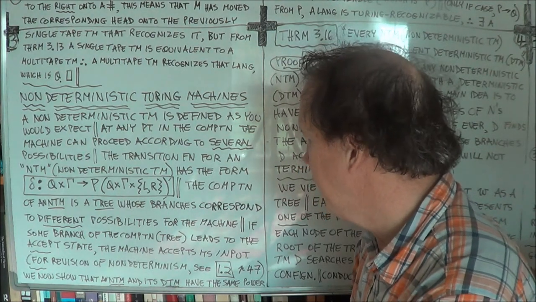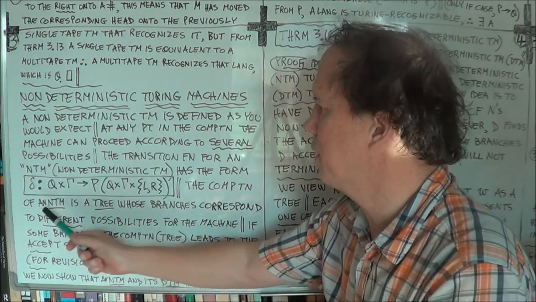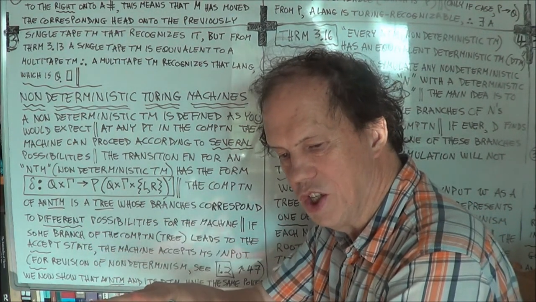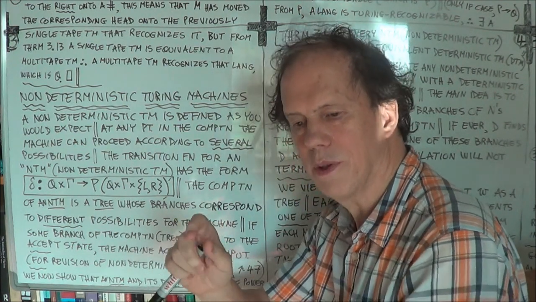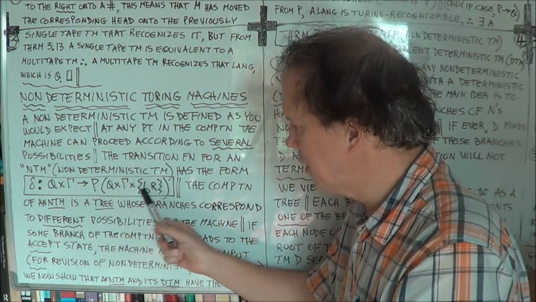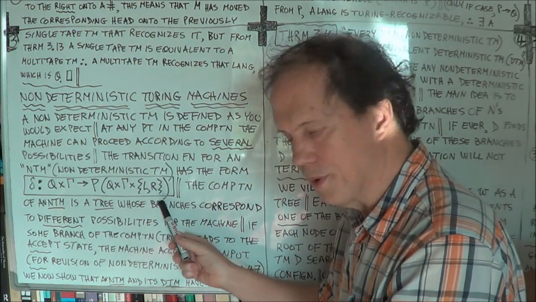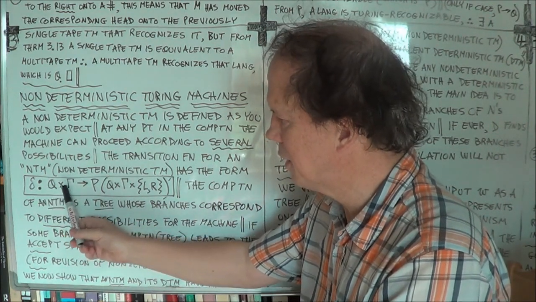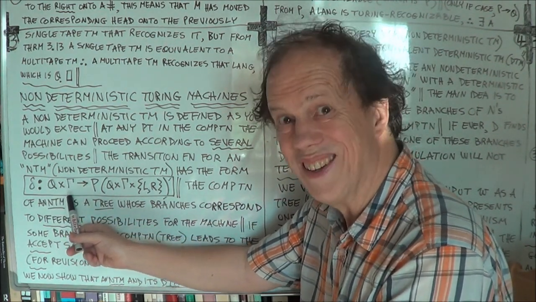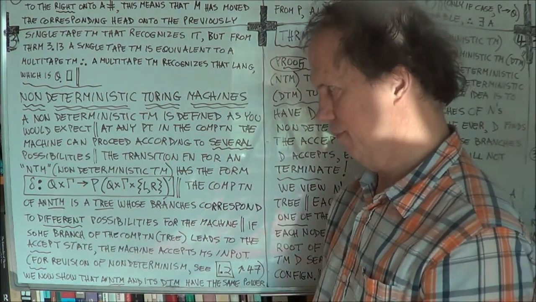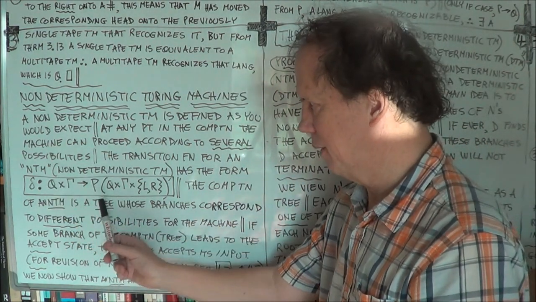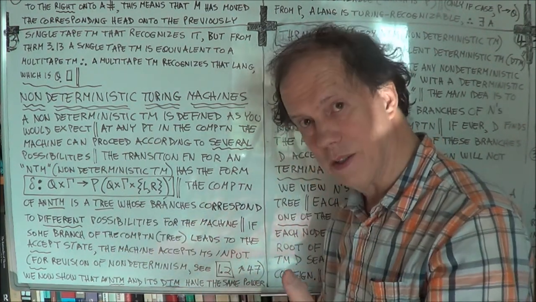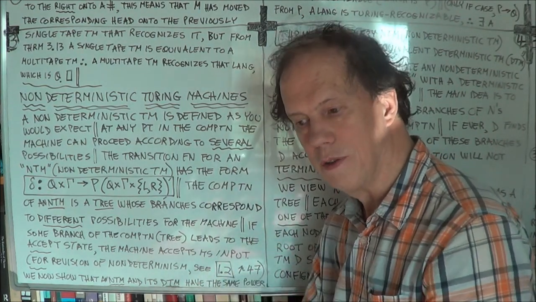The computation of a non-deterministic Turing machine will just be a tree, and every time you get a branching, say there are two ordered triples returned for a given current state and what's being read by the head, you now have a choice.